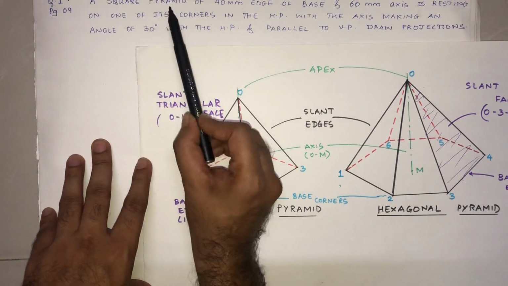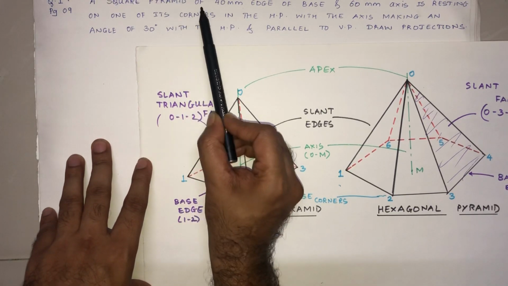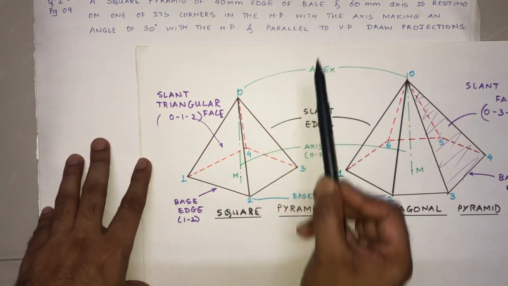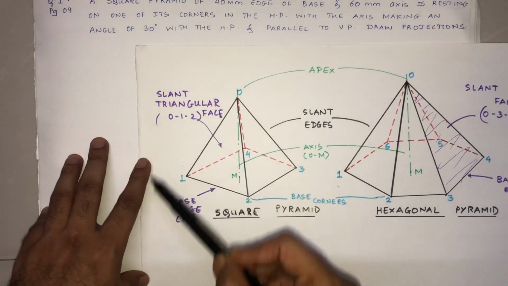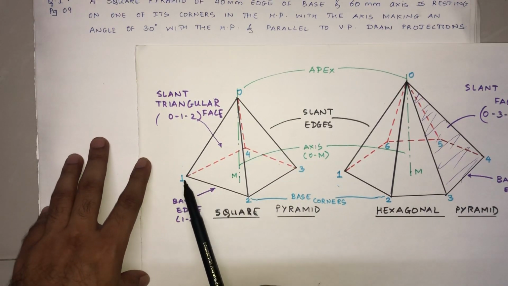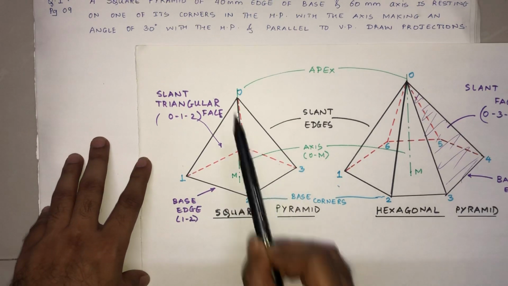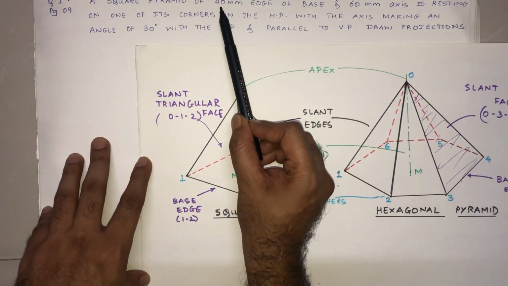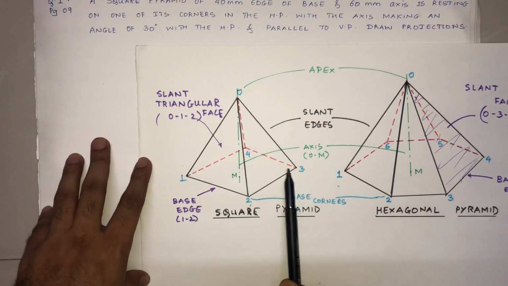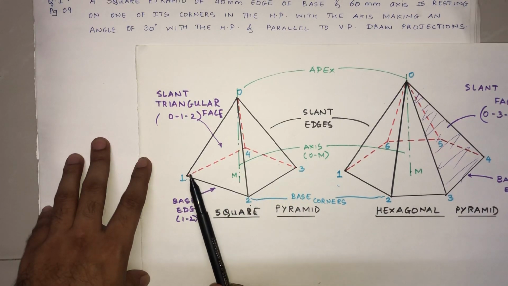A square pyramid of 40 mm edge of base. Which is the base edge or edge of base? It is this 1-2, 2-3. In other words, they are trying to tell us that 40 mm is the length of 1-2, 2-3, 3-4 or 4-1.